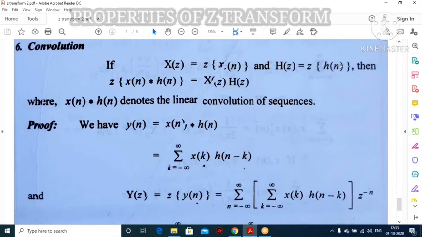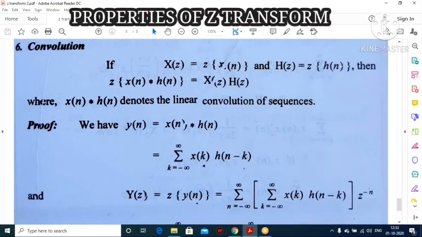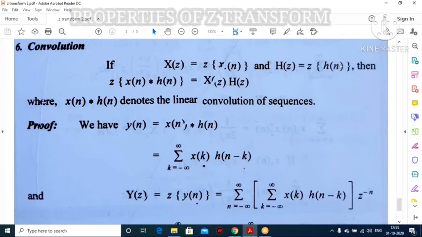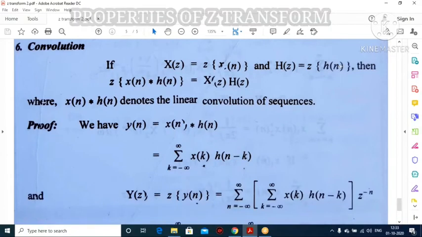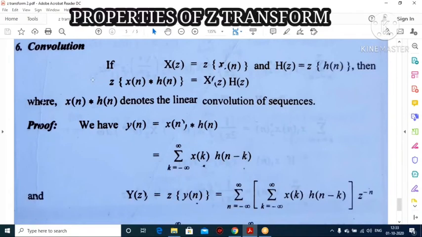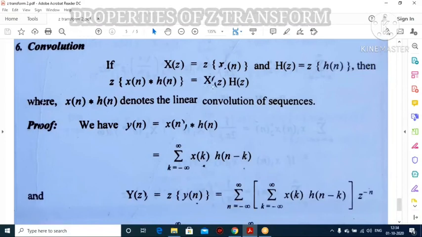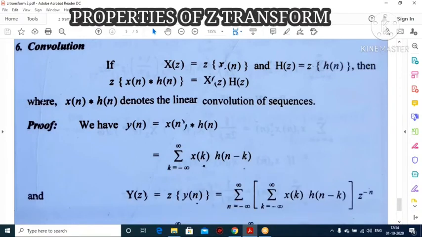So I take the z transform of x of n, it will produce X of z. If I take the z transform of h of n, it will produce H of z. According to the convolution property, the z transform of x of n convolved with h of n produces X of z into H of z.